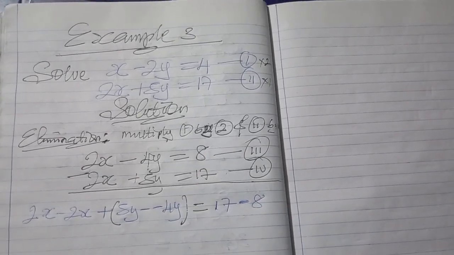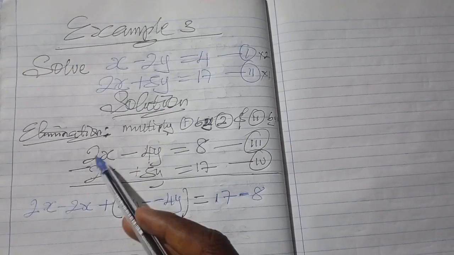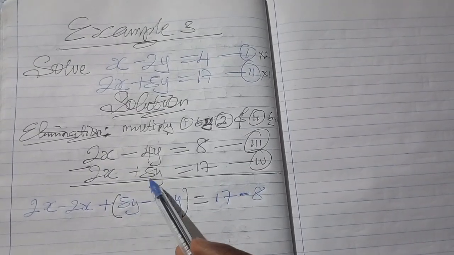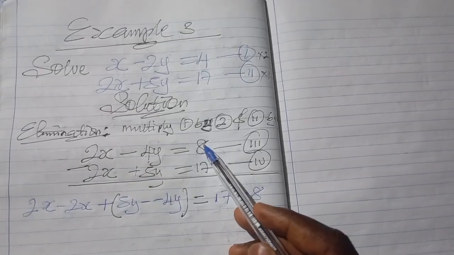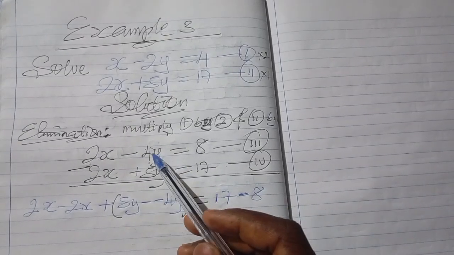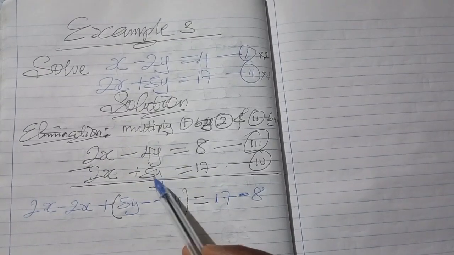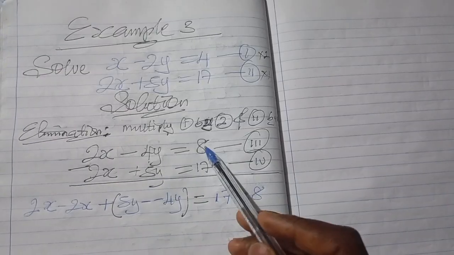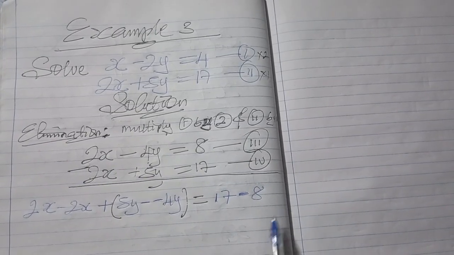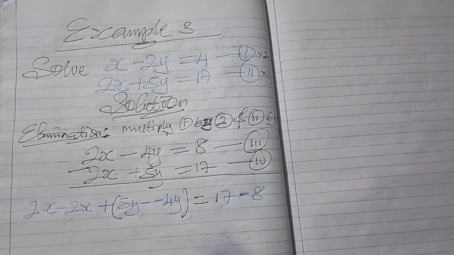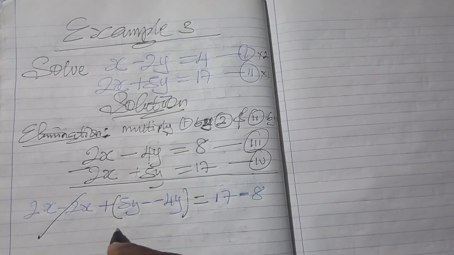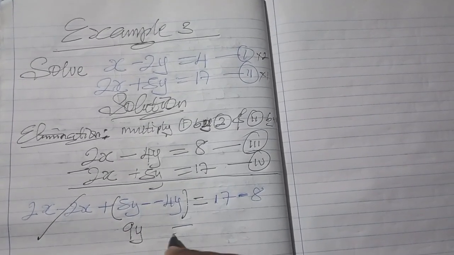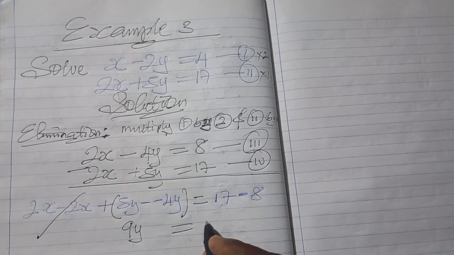So please observe what I have done. I said 2x minus 2x, it will go, 5y minus 4y, 17 minus 8. The other one will be negative, whereas we are dealing with positive here. Okay, so this can cancel. 5y minus minus will be 9y is equals to 17 minus 8. You have 9.